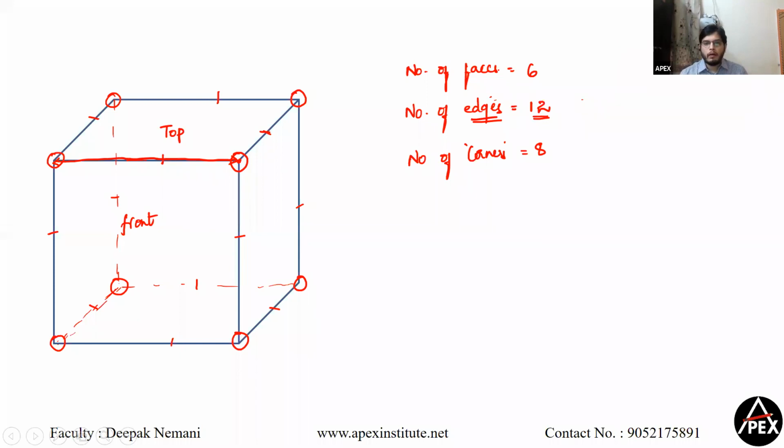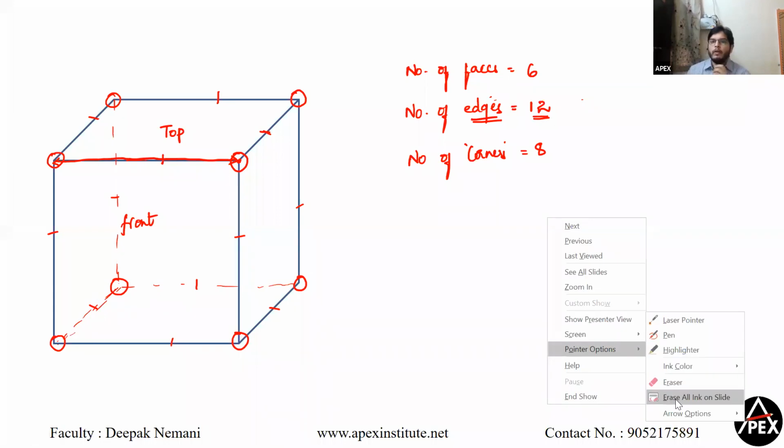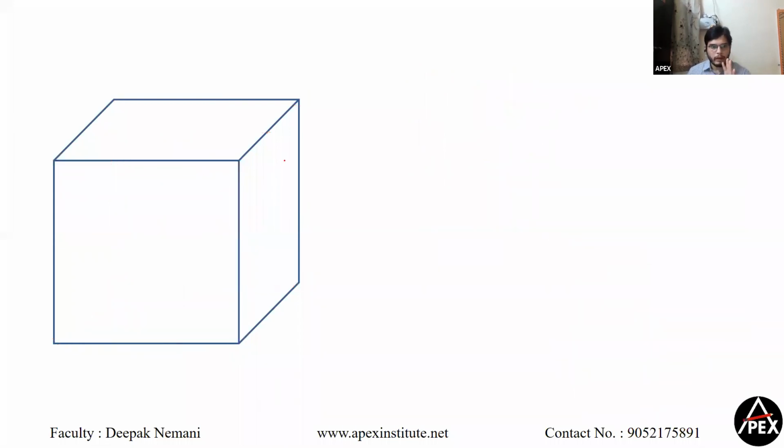Okay. Now, you are given a cube, and you are given a knife. You are asked to make 3 cuts. Only 3 cuts. So if you make 3 cuts, what are the minimum number of identical pieces we get and the maximum number of identical pieces we get? Identical pieces.